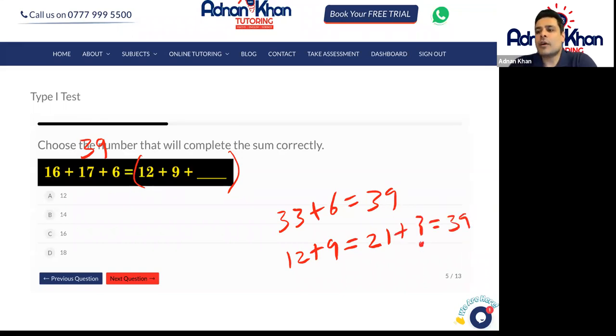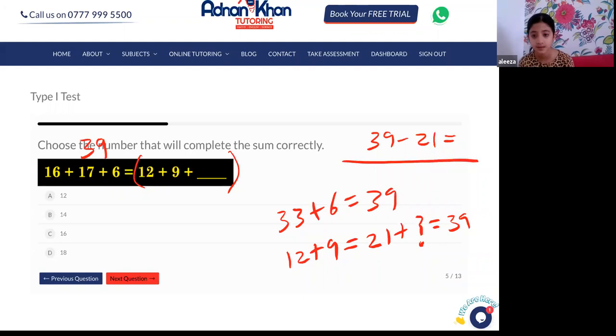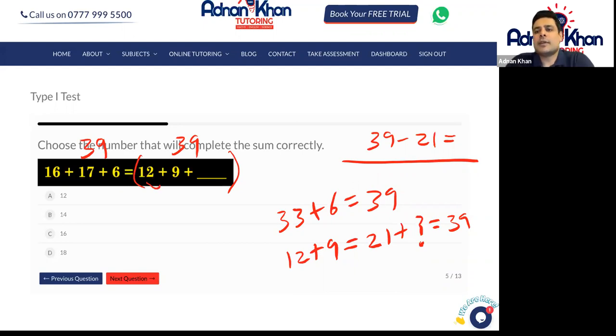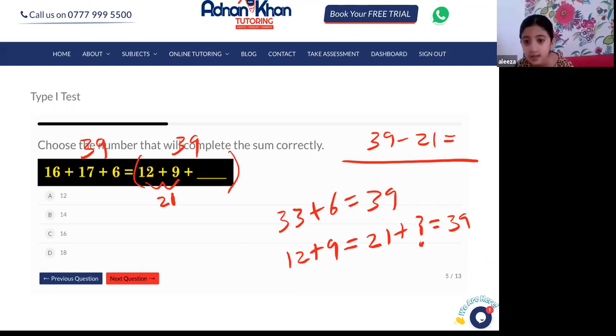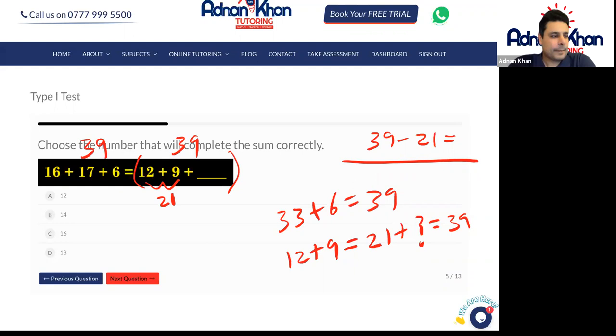So the best way to do this is to just do 39 take away 21, because the opposite of adding is taking away. Because remember, we have to make 39 on the top as well. So 39 take away 21. So these two numbers you said add up to 21. So now we're going to do 39 take away 21. So it would be 18.